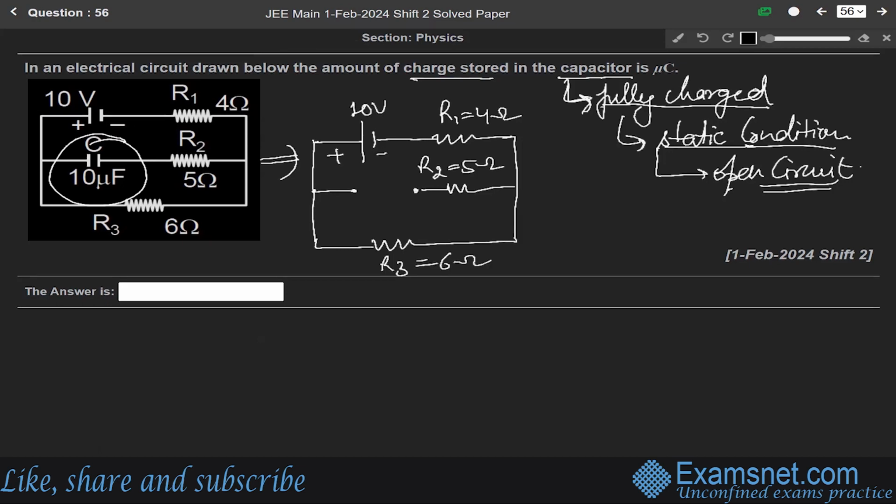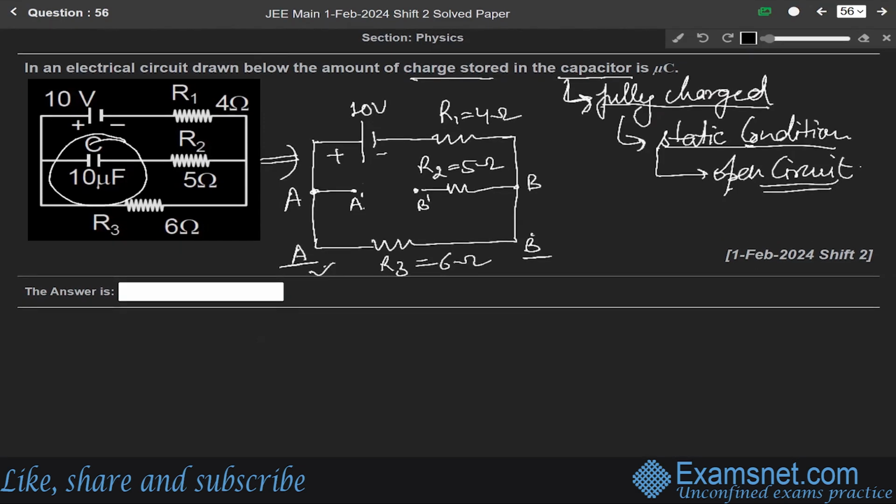So now let us say this is point A, this is point B. Whatever be the voltage at point A and point B, it will be the voltage at point A dash and B dash, and this will act as A and B.